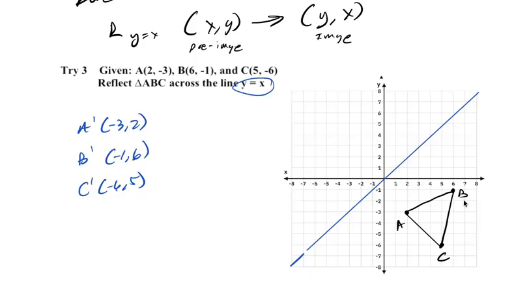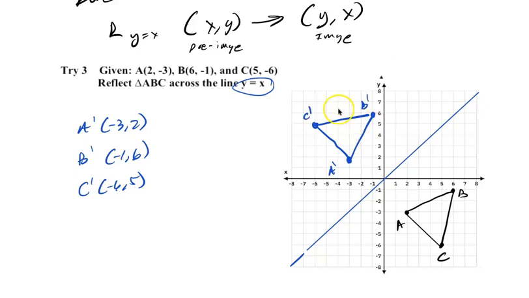So negative 3, 2, negative 1, 6, negative 6, 5. And then we get a graph that looks like this, where that is A prime, B prime, and C prime. Or it might have 3, negative. I think I have these two switched. I was doing so well. A prime, B prime, and C prime.